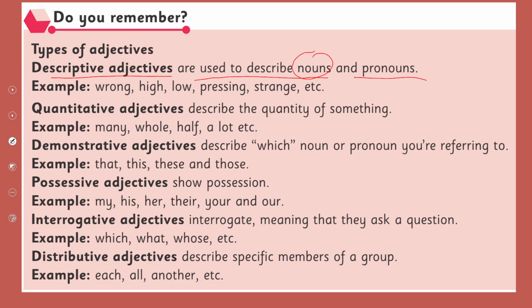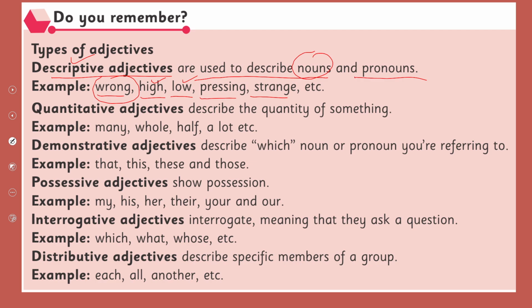It's very much evident from the name that it's all about description. For example, wrong, high, low, pressing, strange, all these are examples of descriptive adjectives because they give description, whether something is wrong, high, low, modifying the noun or the pronoun.